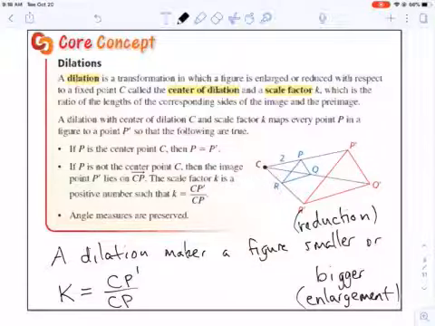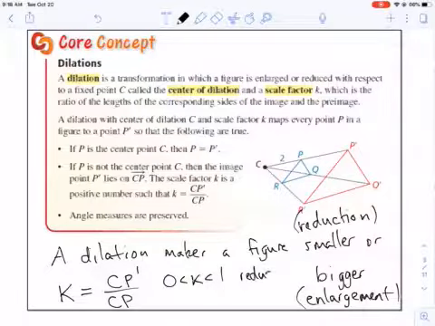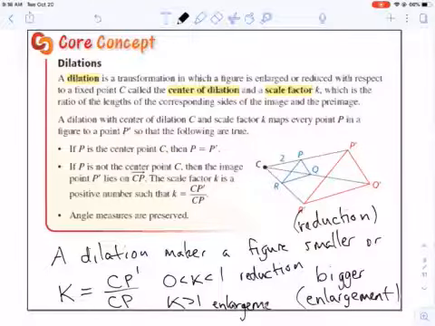If your K is between 0 and 1, we're going to get a reduction. If your K is bigger than 1, we're going to get an enlargement. So let's take a second to get this written down and process it, and then we're going to move on to our first example.